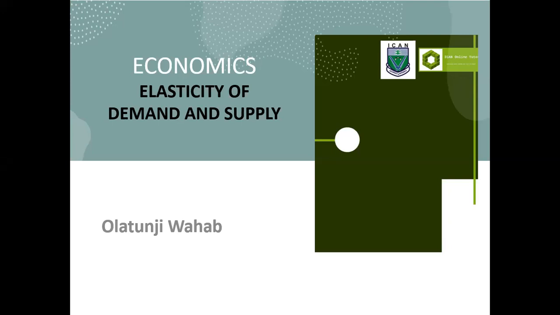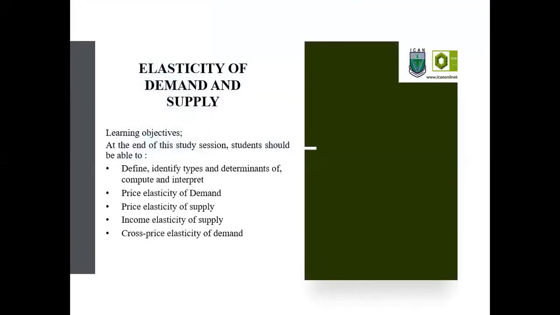Good day, everyone. Today we'll be discussing elasticity of demand and supply. For the subtopic under review, we'll be looking at the definition, types, and determinants of elasticity of demand and supply.